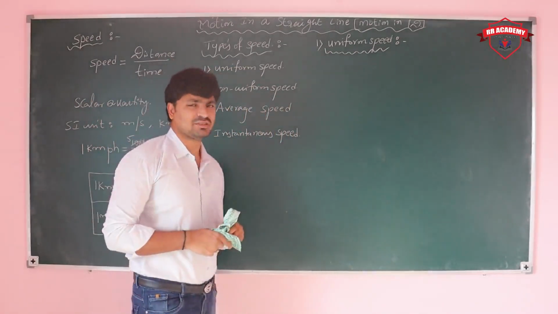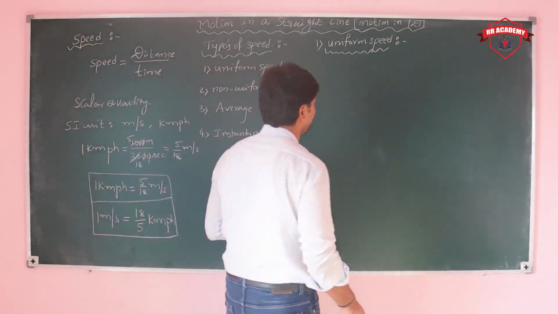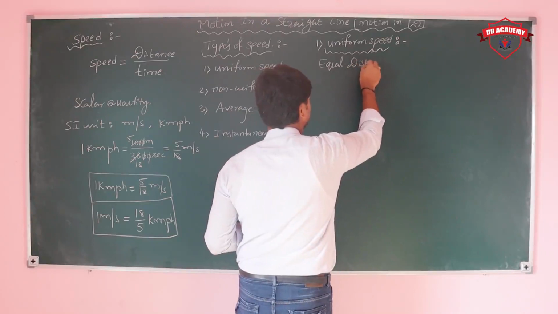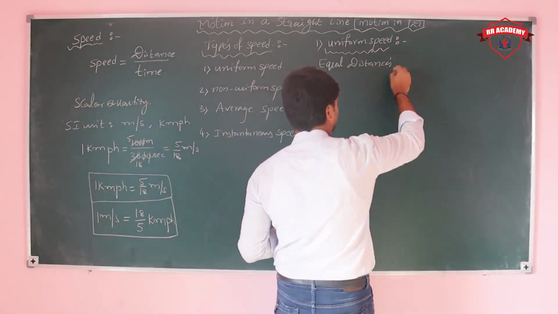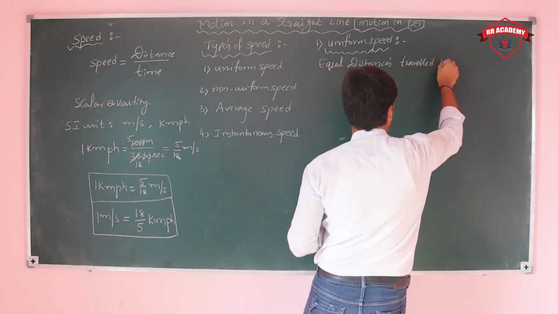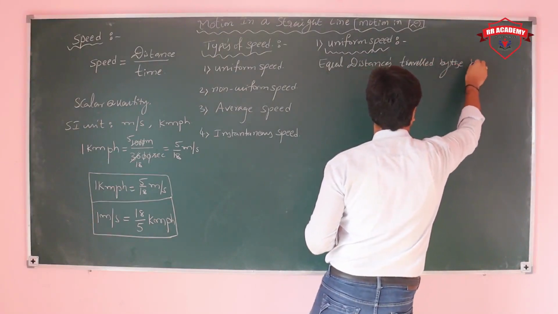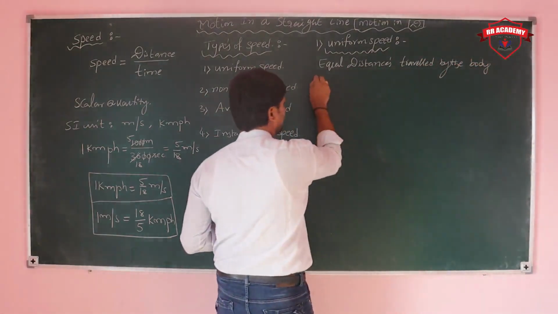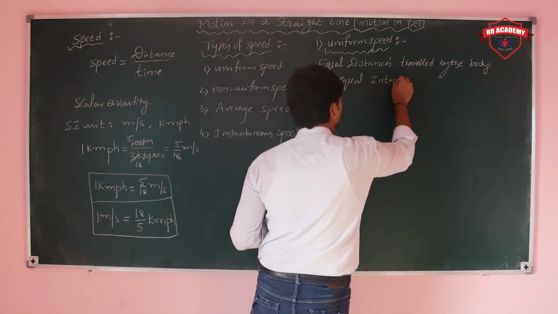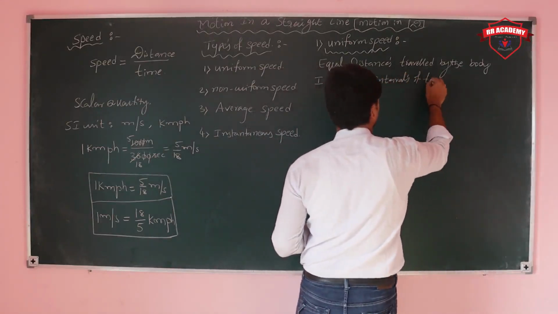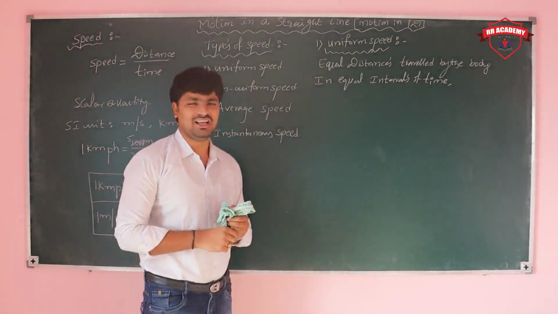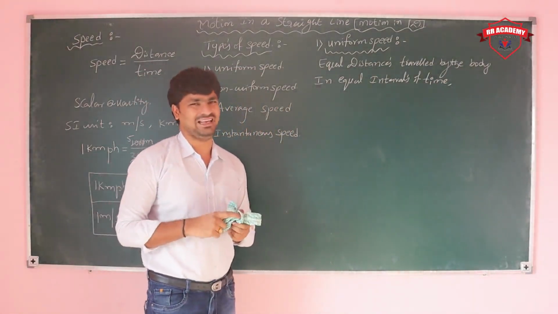Uniform speed means equal distances traveled by a body in equal intervals of time. Equal distances traveled by the body in equal intervals of time is called uniform speed. What is the meaning of that?